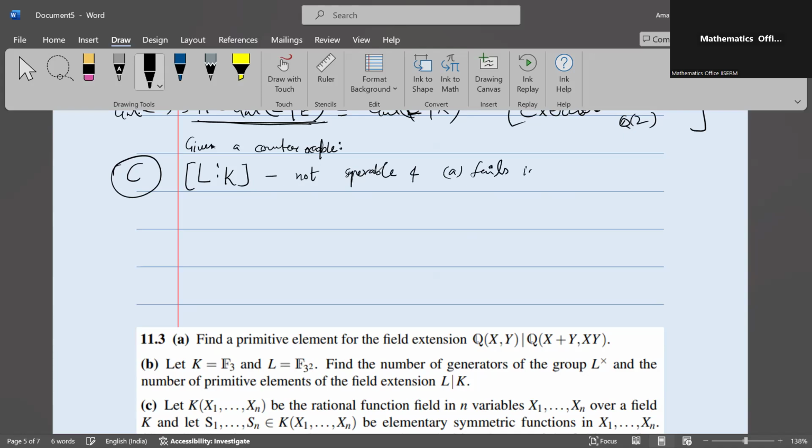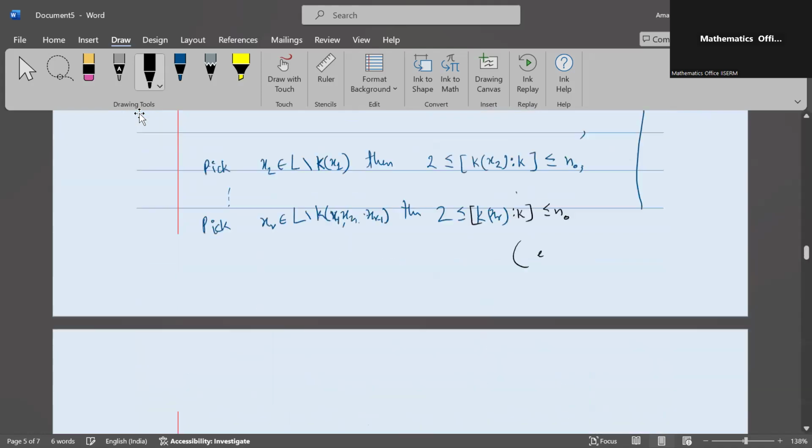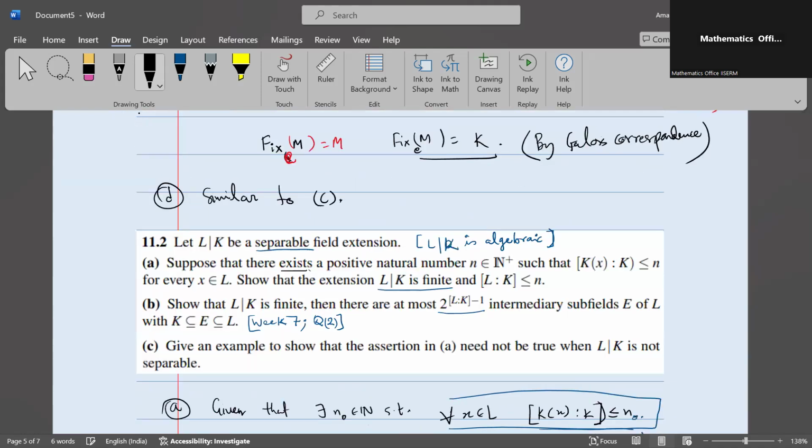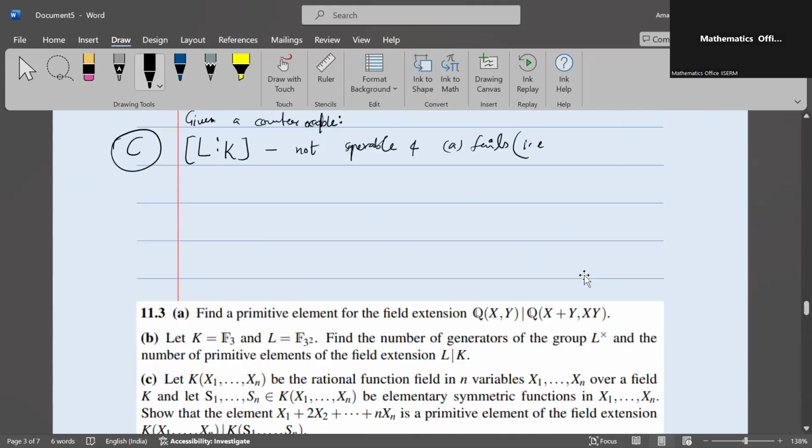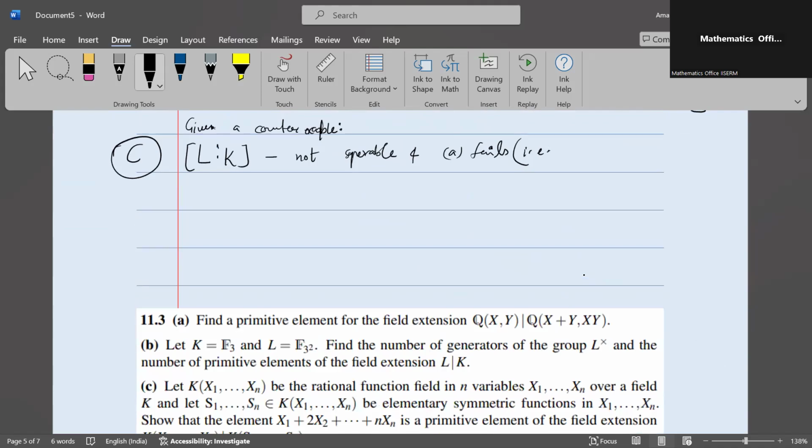A fails means that even if Kx over K is bounded for every x, L over K is infinite. Okay, this is what we want. Kx over K, this degree is bounded by some n naught, but L over K is infinite.